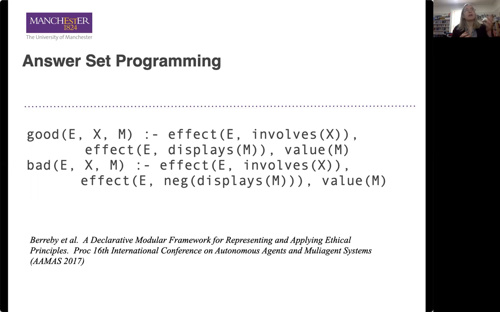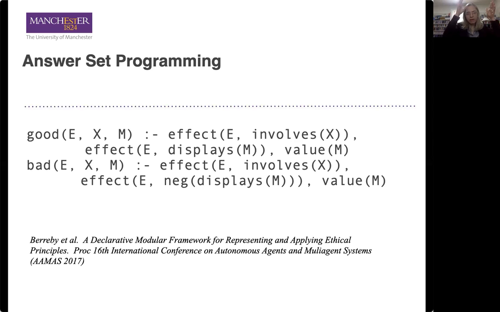You're saying E is good with respect to M if, first, it involves X, because that's what you're trying to achieve, and then the effect of E displays M, and M is a value. And it's bad with respect to M if it doesn't display M and M is a value.